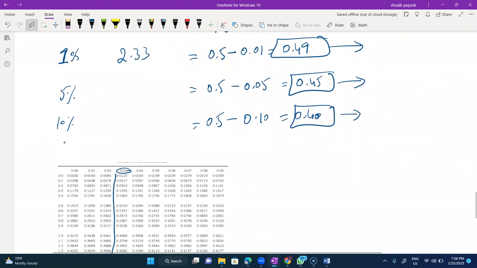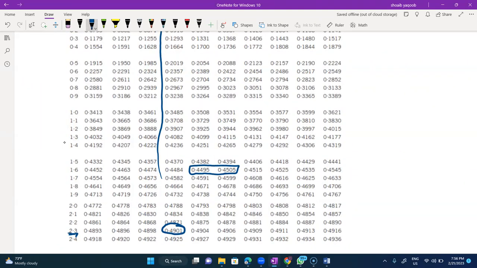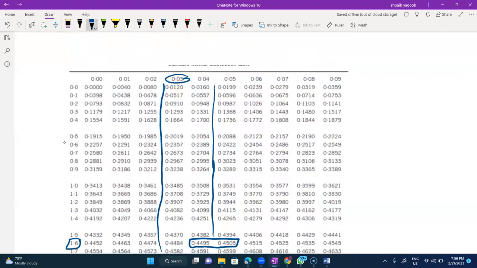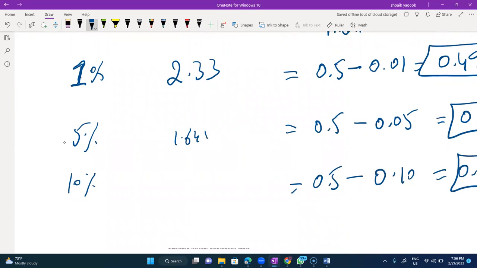Now search 0.45 for 5%. 0.45 is near to these. The average of these, I can say that. So this is 1.6. Now move above. If this is the average of these, it must be the average of these two, 1.645.